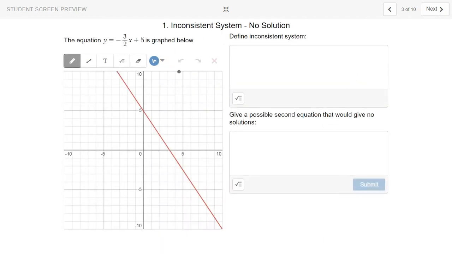Now we're going to talk about situations where we have different systems and solutions. Right now, we have no solution. When we have no solution, it would mean that we have two lines and two lines will never meet.